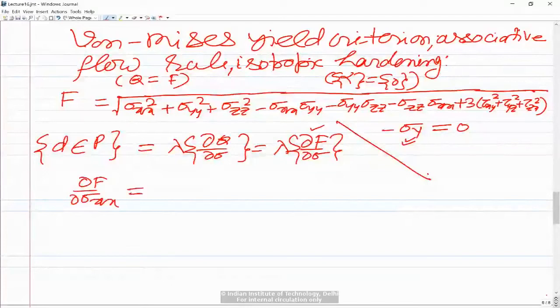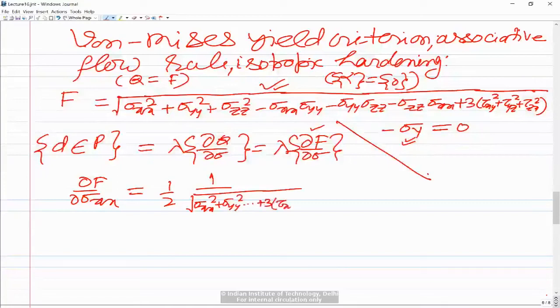Now if you look at del f by del sigma xx, this is your f, and you are going to differentiate this with respect to sigma xx. So first you differentiate with respect to the square root sign. We will get half and 1 divided by square root of sigma xx square plus sigma yy square, so on, plus 3 times tau xy square plus tau yz square plus tau zx square.